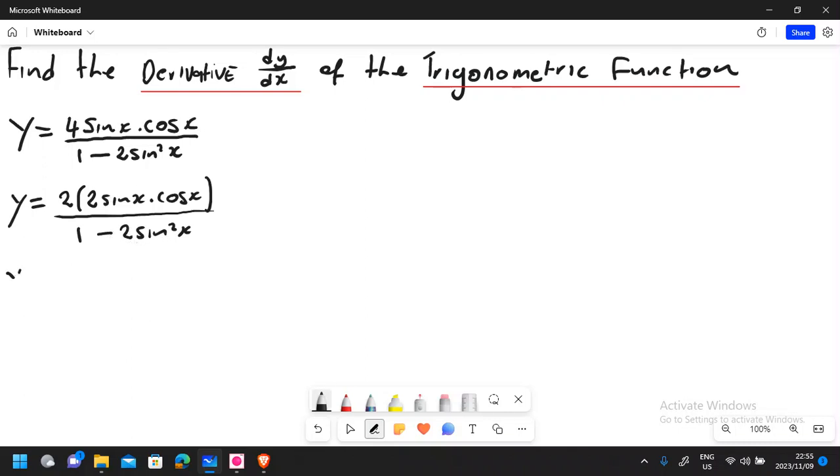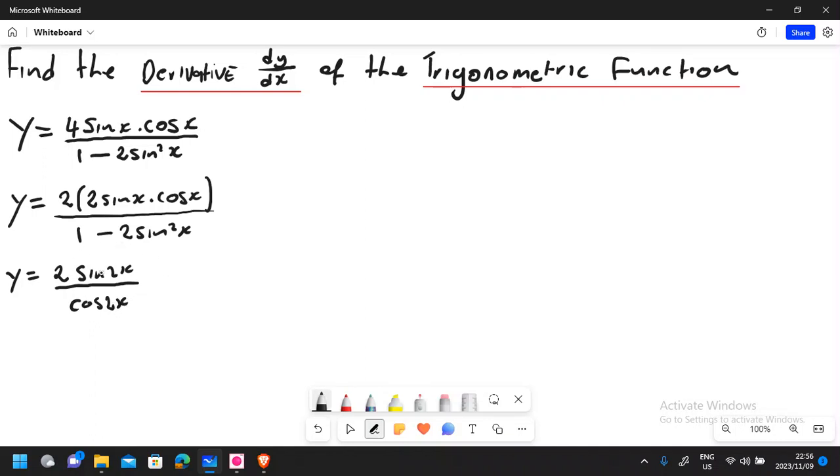So if we continue like this, we're going to have 2, obviously, and then this one here is a double angle for sine, so it's going to be sine 2x over, and this one already is a double angle for cos, which is going to be cos 2x.